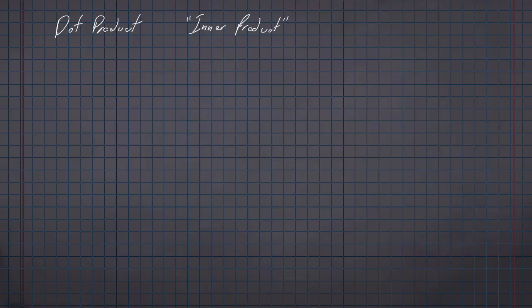So, generally in a vector space, you might have a mechanism of multiplying two vectors together, which is called an inner product. In the Euclidean vector space, the specific operation of the dot between two vectors satisfies the conditions of an inner product space.